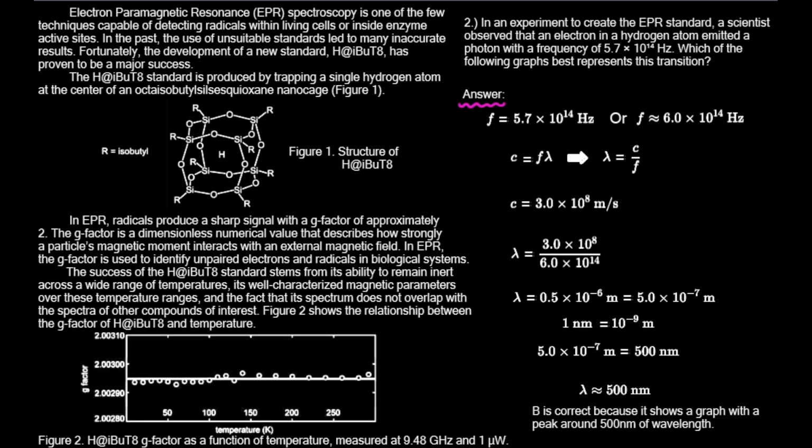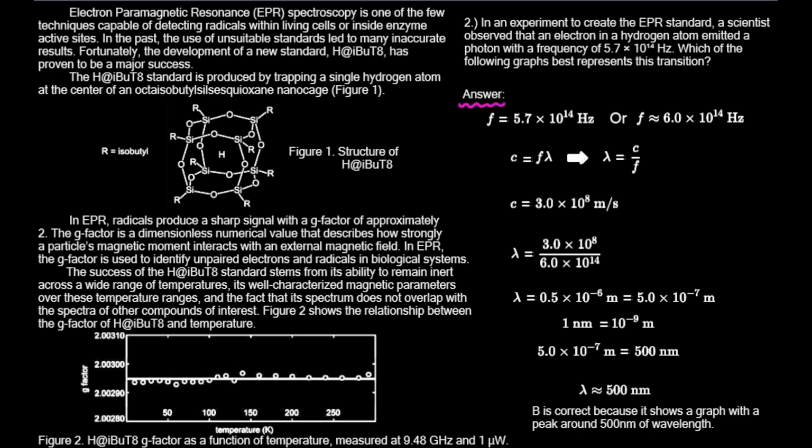We plug in the values. The speed of light is 3 times 10 to the 8 meters per second, and the frequency is 5.7 times 10 to the 14 per second, or hertz. When we round 5.7 to the nearest whole number, we get 6 times 10 to the 14.